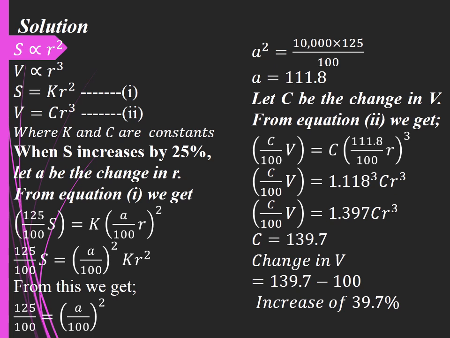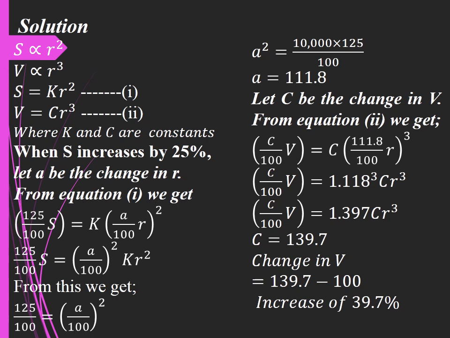And then we are going to let C be the change in V. From equation 2, we get C over 100 V is equivalent to c into bracket 111.8 over 100 r cubed. This is because we have gotten the change A as 111.8.